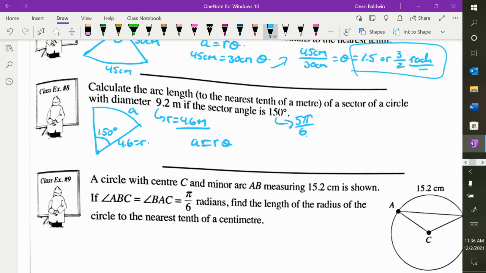Get the same thing. So you just plug in the formula now. A is what we're trying to find. R is 4.6 meters times 5 pi over 6. And you're all going to tell me the answer, please. There should be 12 meters.